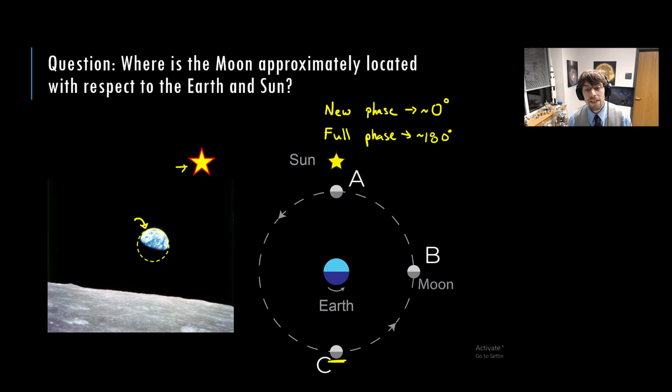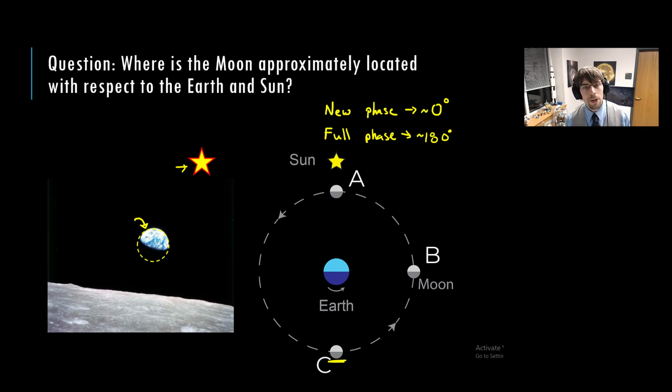If it's at position B, as in boy, and you're standing here on the earth, how much of the illuminated face can you roughly see? Good. You can see about half of the illuminated face.